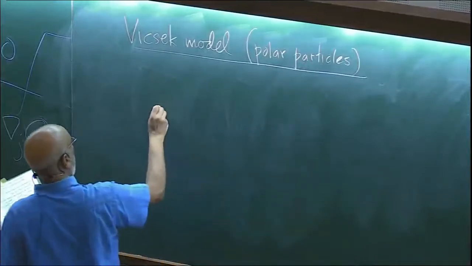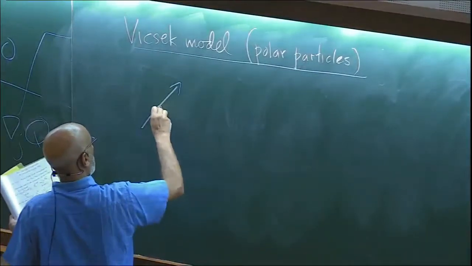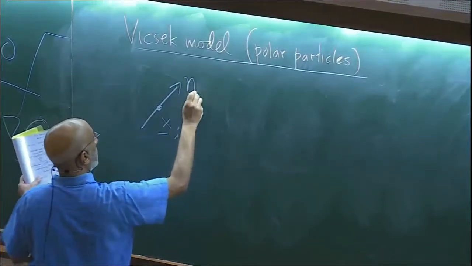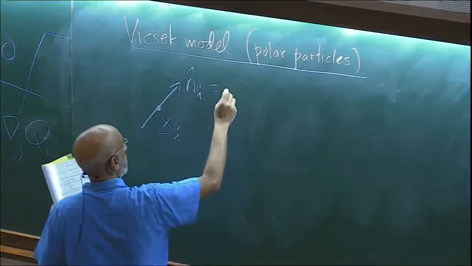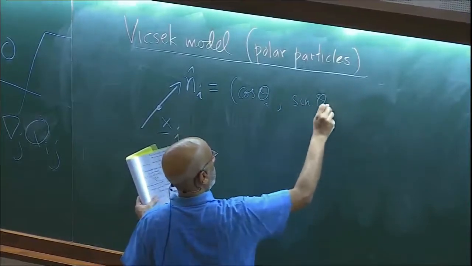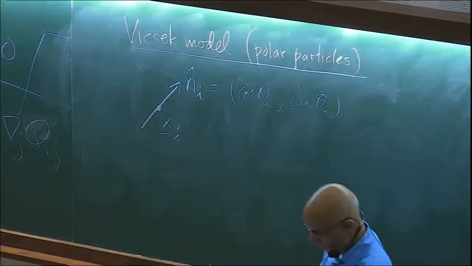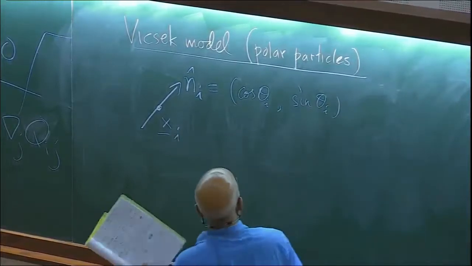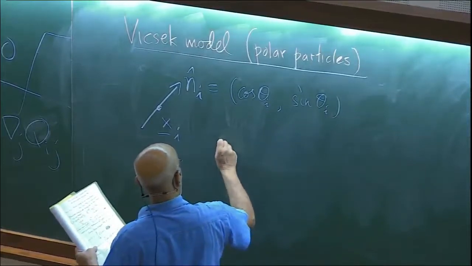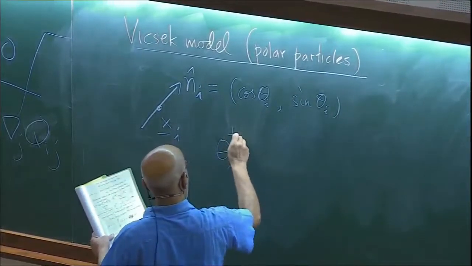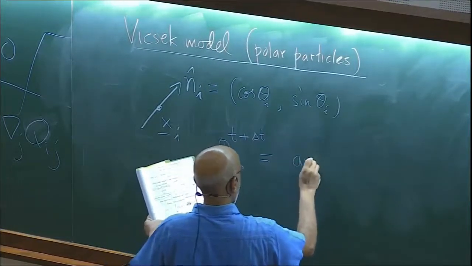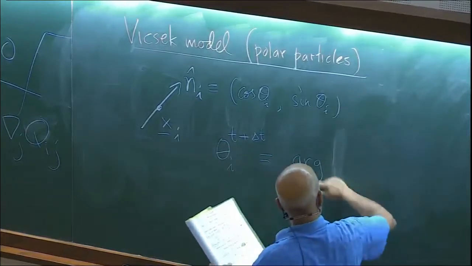So the idea is the following. You've got particles. Each particle has a position which I'll call xi and an orientation which I'll call ni, which is cosine theta i, sine theta i. Okay. And the dynamics of this system is theta i at time t plus 1, or t plus delta t, let's say, is the argument of the complex number.